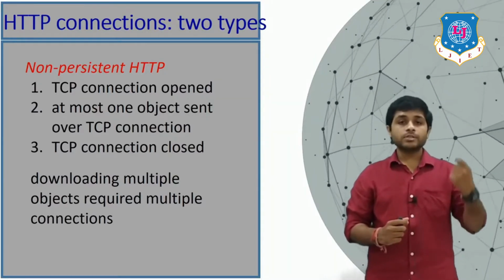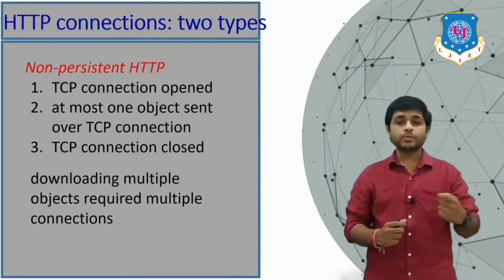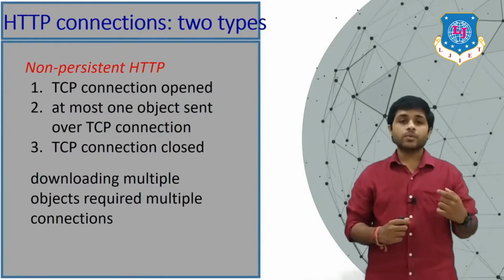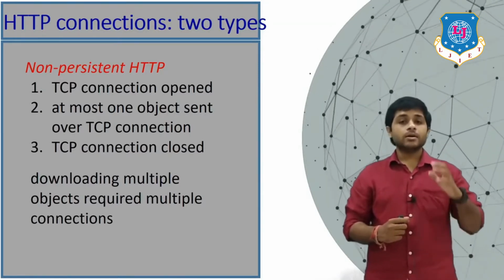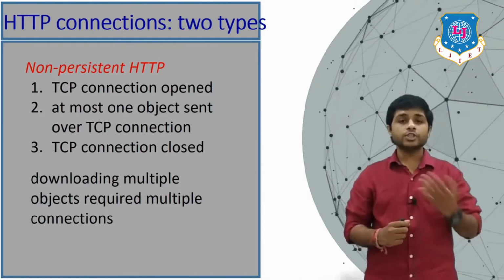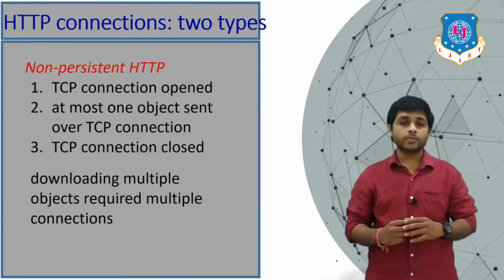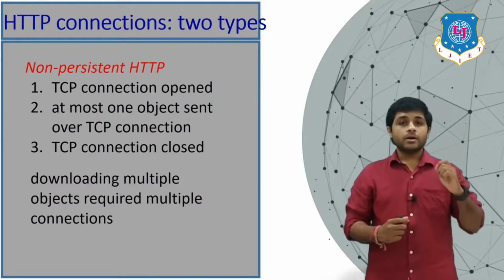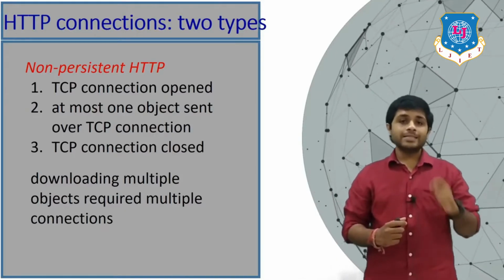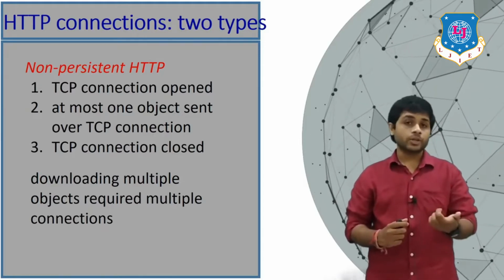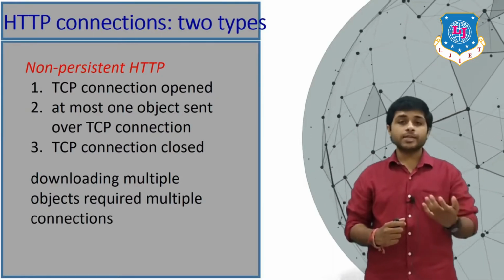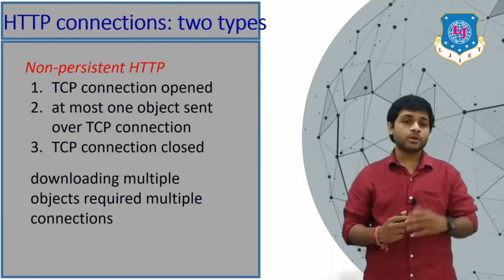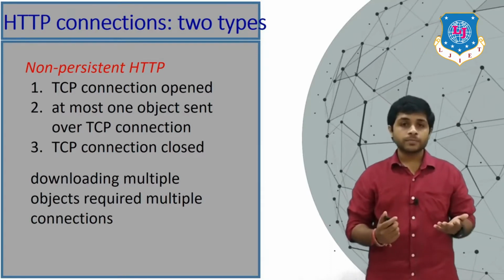So it will first send the TCP connection request to the server. After the request is sent, more than one transaction can happen between the client and server. After the connection is established, only one object is sent over the TCP connection, and after that object is received by your computer, the connection is closed.